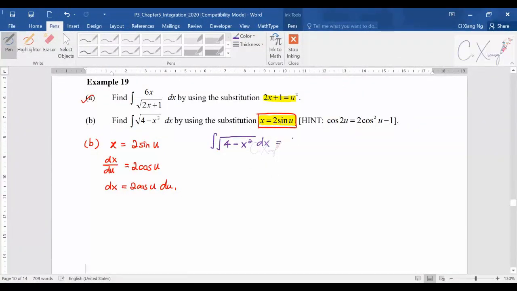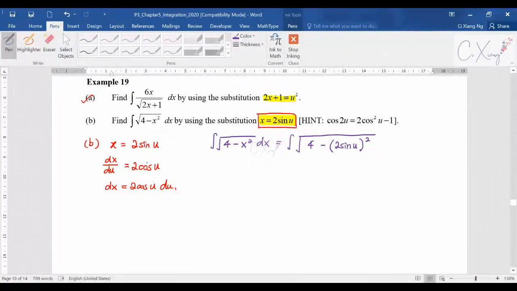So we will start here. I just copy the integration, square root, 4 is a 4, then minus, what is your x here? Very obvious, you can look at this equation, it is equals to 2 sine u. So you're having 4 minus 2 sine u, the whole thing squared. Then you have square root, and after that, you are having dx here.